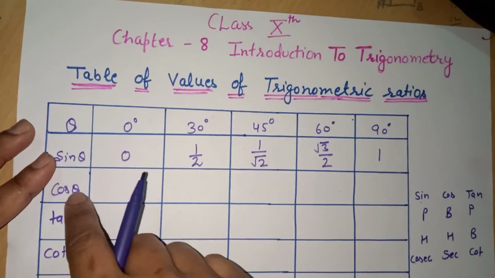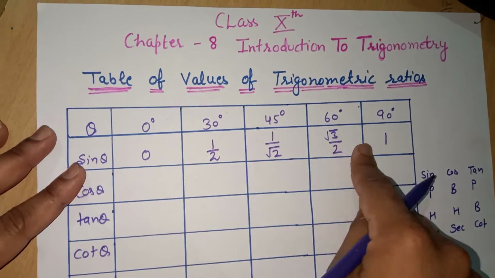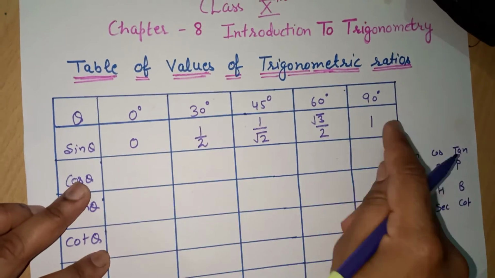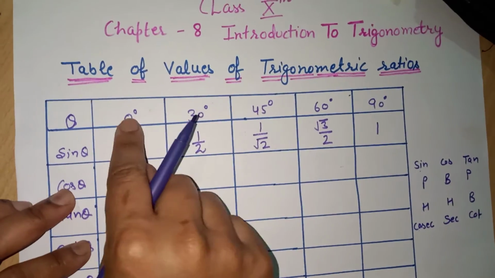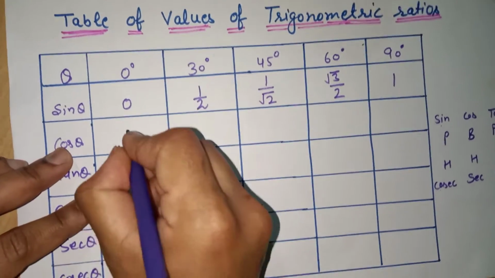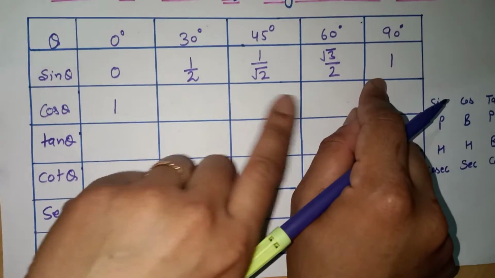Now how can you find the value of the rest of the trigonometric ratios with this first line? Let's start. For this you have to bring the last value to the first. Cos 0 will be 1 here. So you can see that if you remember the first line you can easily form the next line.